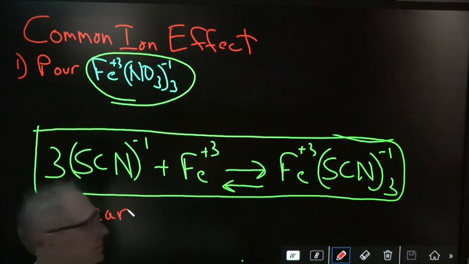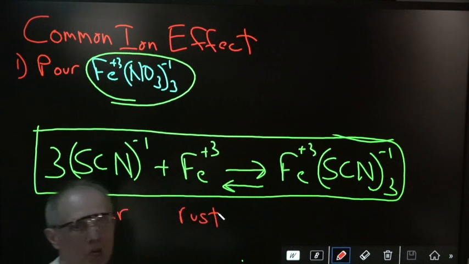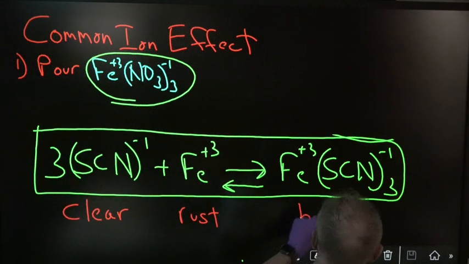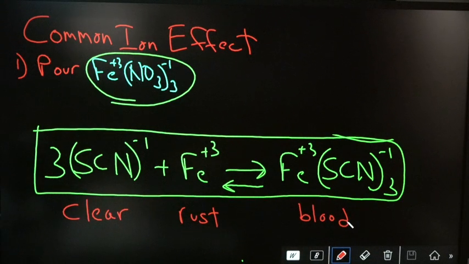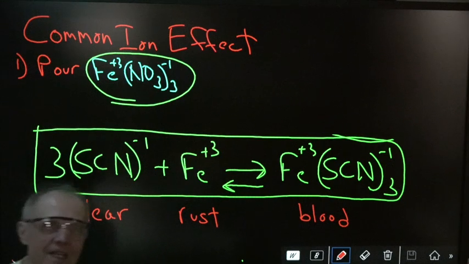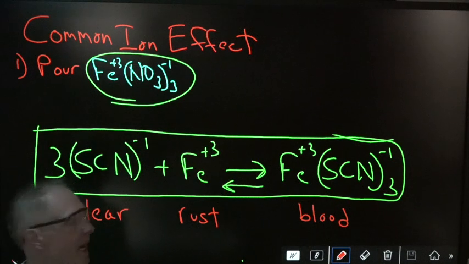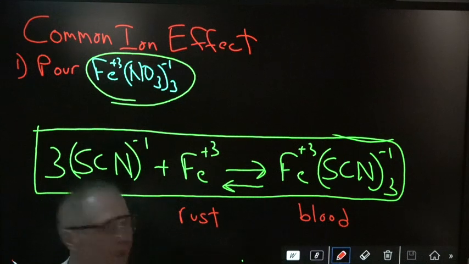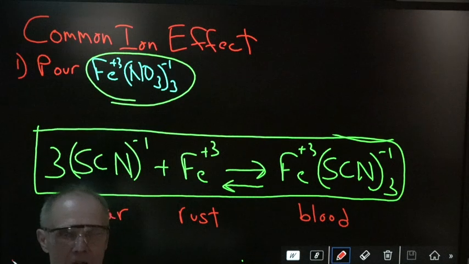That's a clear color. Iron, that's a rust color. Iron III Thiocyanate, that's a blood color. Okay, so there are the colors, and that's going to be the key to which way the reaction fired. So you're going to have to write down, for number one, if I dump Iron III nitrate in this system at equilibrium, what is the common ion, which way will the reaction fire, and what will happen to the color? So here we go.